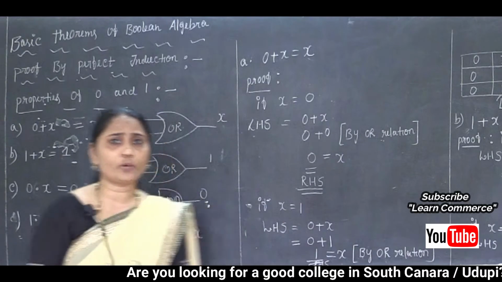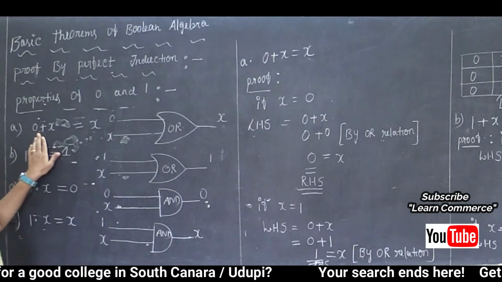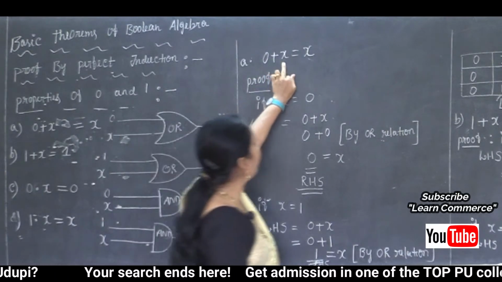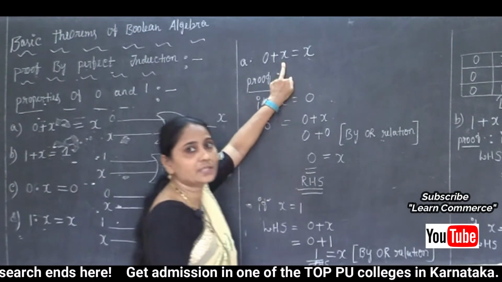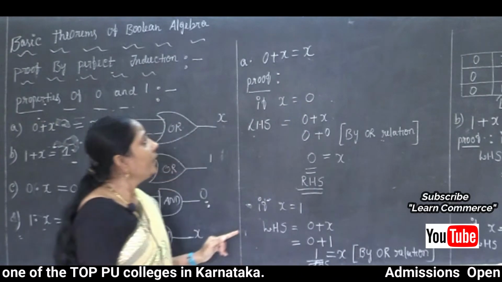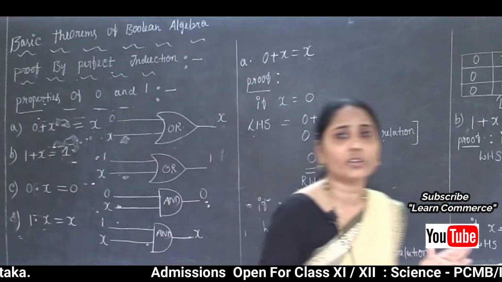Now we are going to prove everything. First I select 0 plus x is equal to x. In proving, first I assume some value for x.